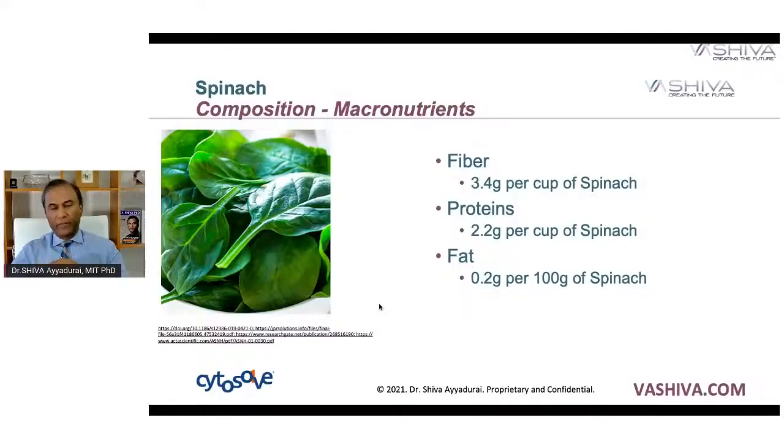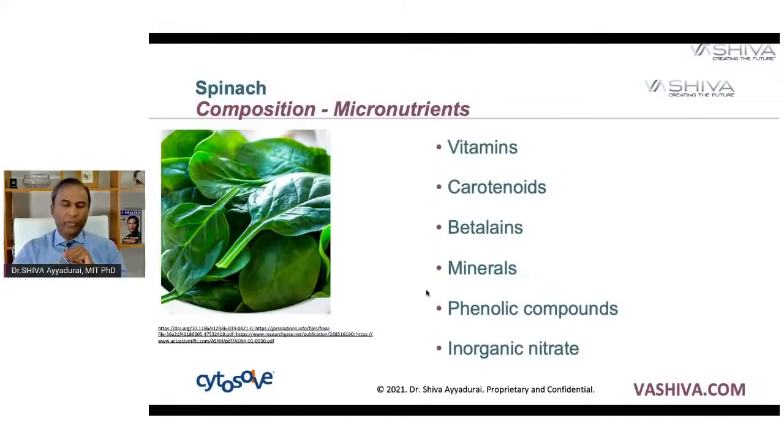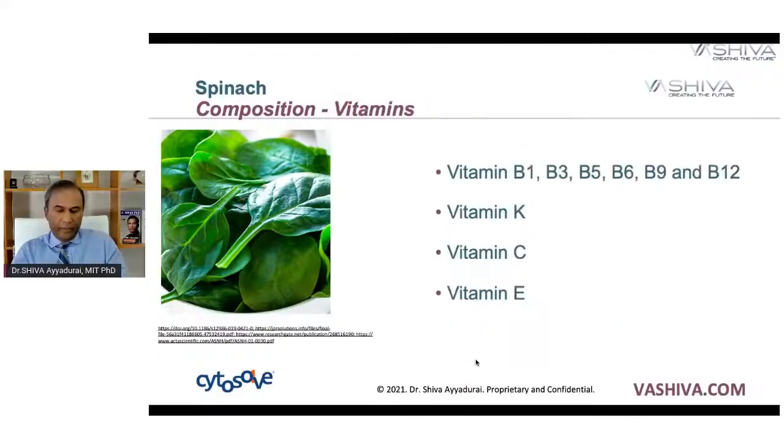Popeye liked to eat spinach, build his muscles, and fat, 0.2 grams per 100 grams, okay? It also contains micronutrients, which are the vitamins, the carotenoids, the betalains, the minerals, the phenolic compounds, and the inorganic nitrates, okay? And we'll talk about that because that comes into play very importantly for cardiovascular health.